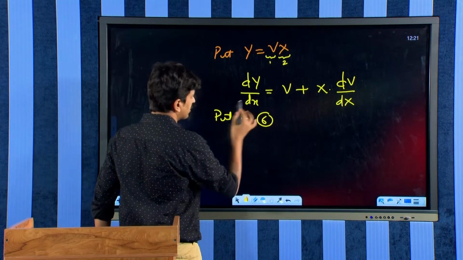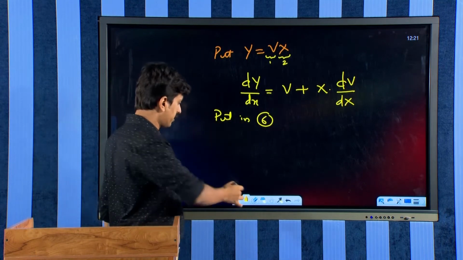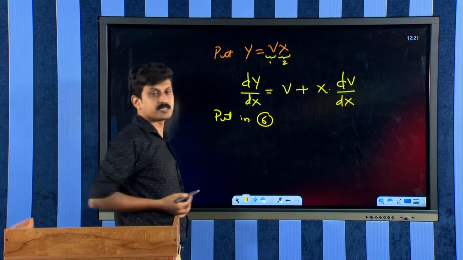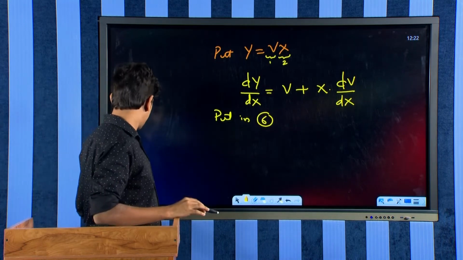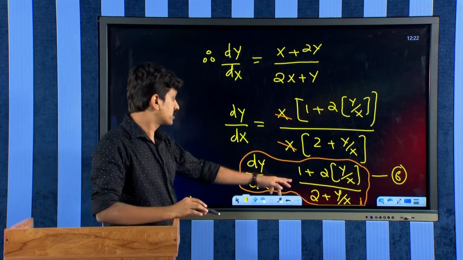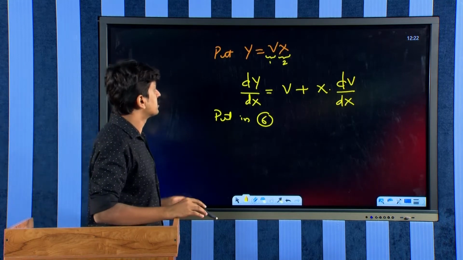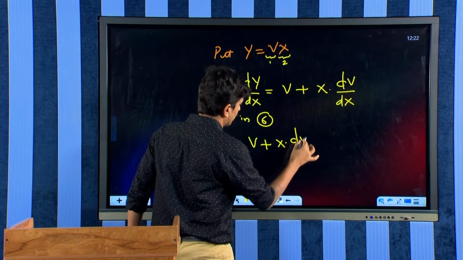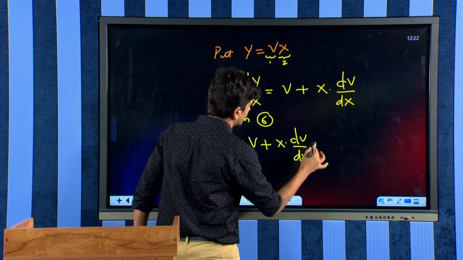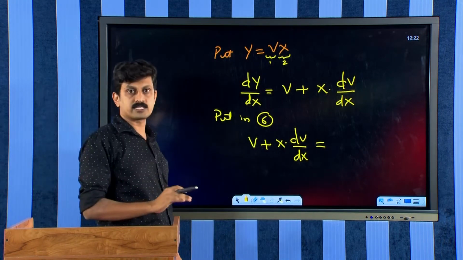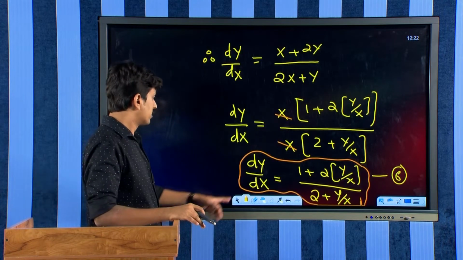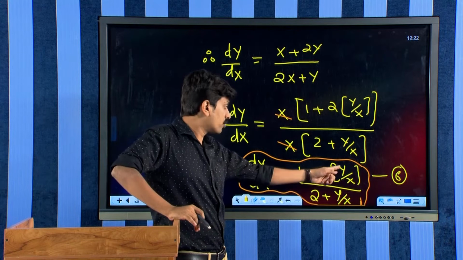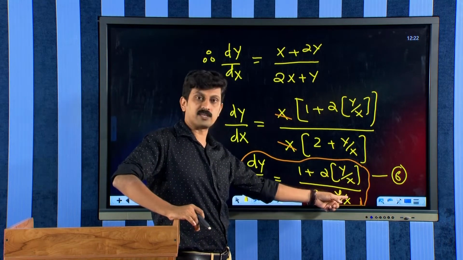So, put in 6. Therefore, instead of dy by dx, we just put this as v plus x into dv by dx is equal to v plus x into dv by dx. So, 1 plus 2 into y by x, instead of y by x we can replace it as v.